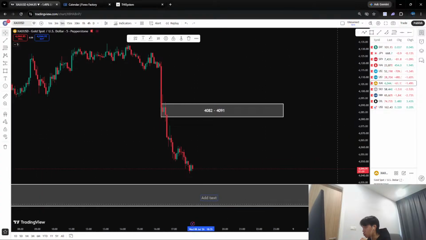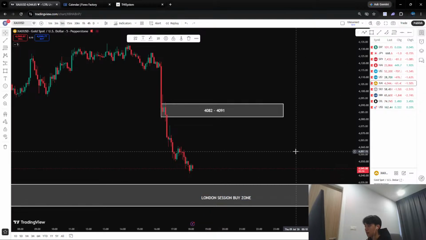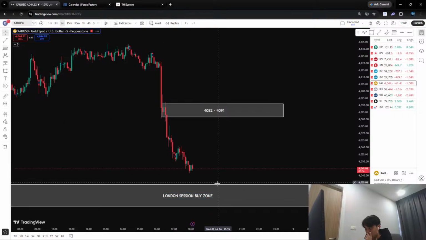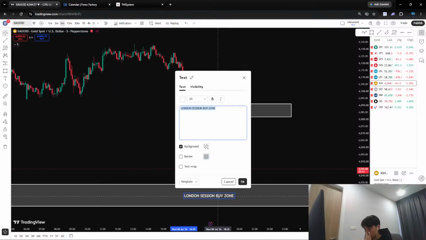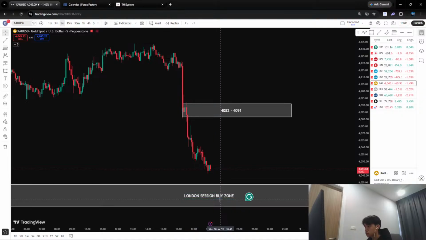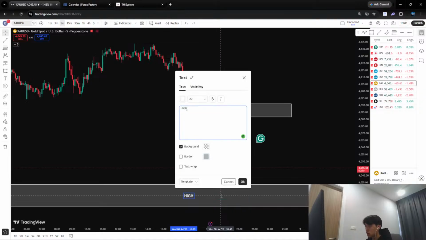For our buys we will be looking at this buy zone right here. I'll call this the London session buy zone, or I'll put it as the high probability buy zone.